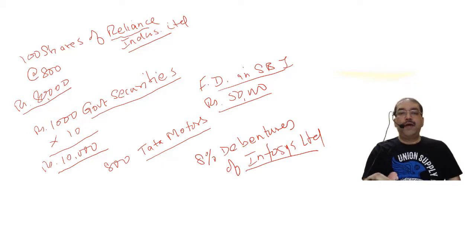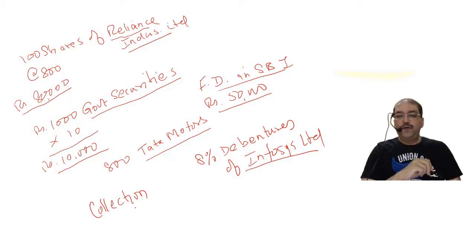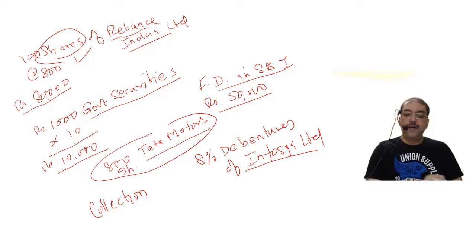So now I'm having a collection of investment. The word that I'm using is collection. I'm having a collection of investments. So this collection of investment is made up of shares, okay. It is made up of a fixed deposit in a bank.